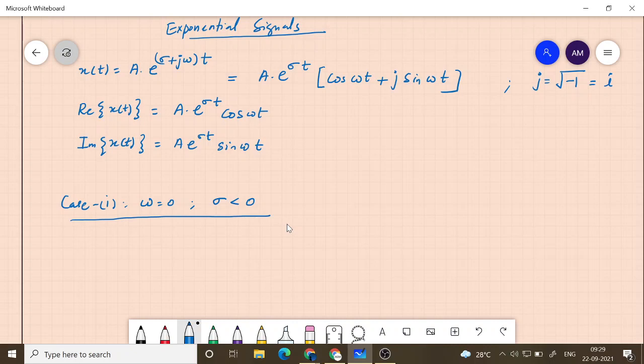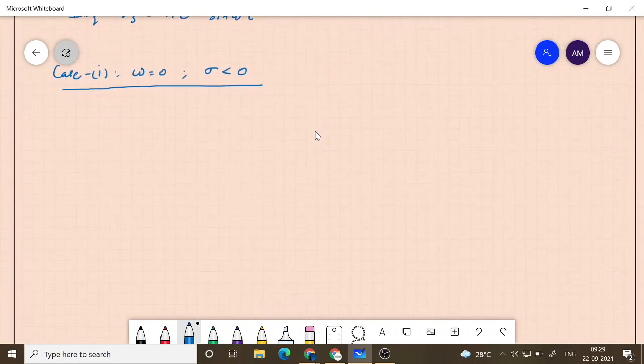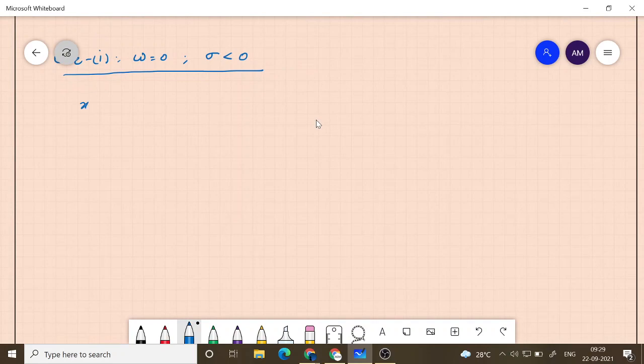In this case x of t is going to look like a into e raised to sigma t, because omega is 0, so j omega is gone and it has only a real value. So it's a real valued signal, but given that sigma is less than 0.